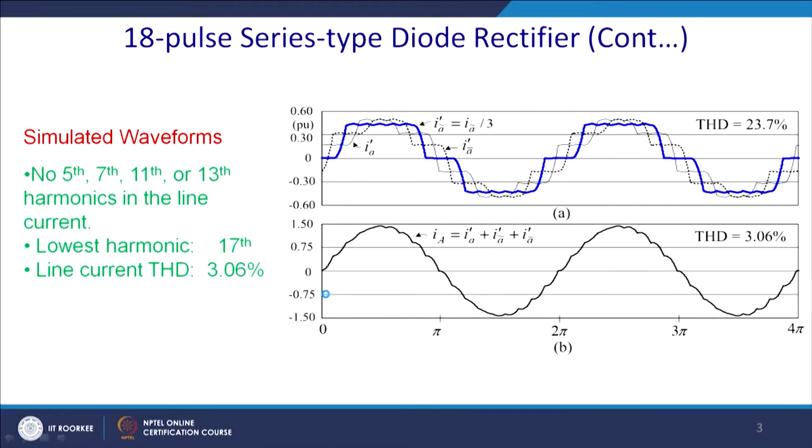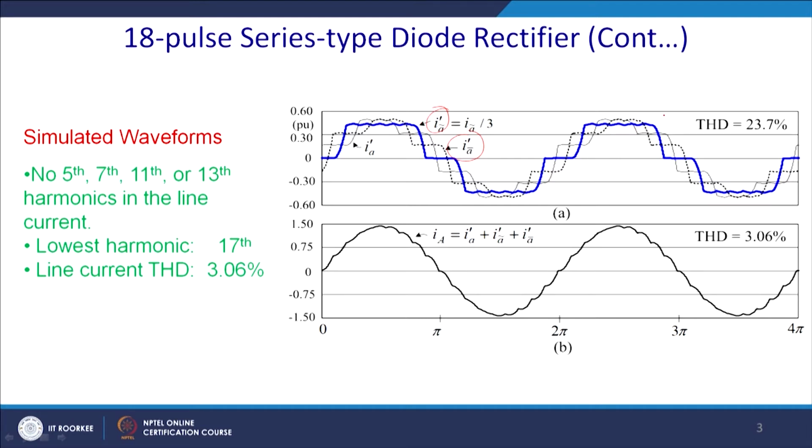So, if you can superimpose these three waveforms, ultimately it leads to the fundamental one. First of all, the blue one is IA prime. So, that is essentially IA by 3, and thereafter you get this one as IA, and thereafter you get IA.